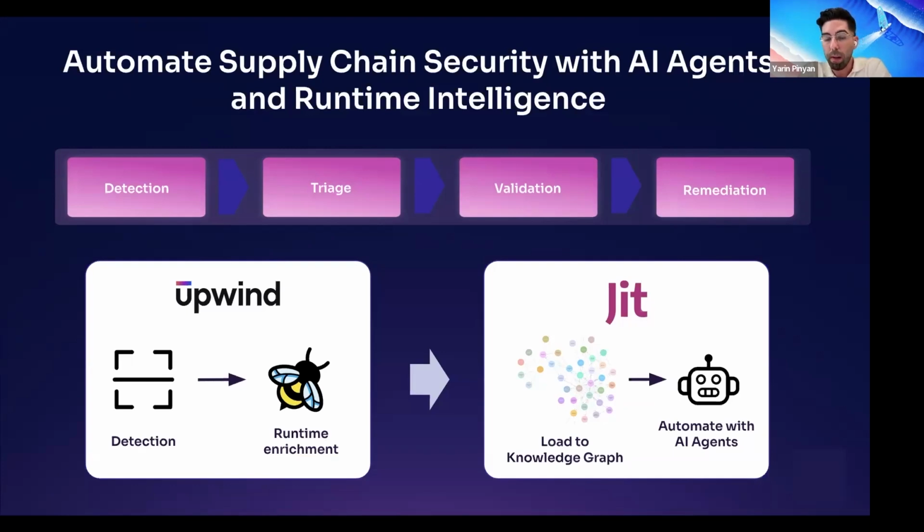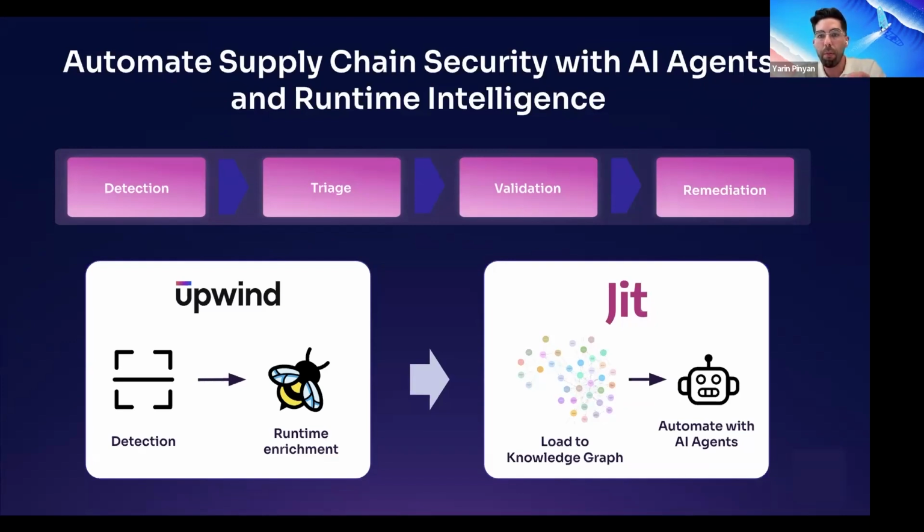And while yes, if you have an AI agent to prioritize and do all the detection, triage, validation and remediation, you will get a lot of value. And that's exactly what Jit is doing and becoming now the industry leader in these areas. And getting more context in real time just puts Jit in a whole different position.